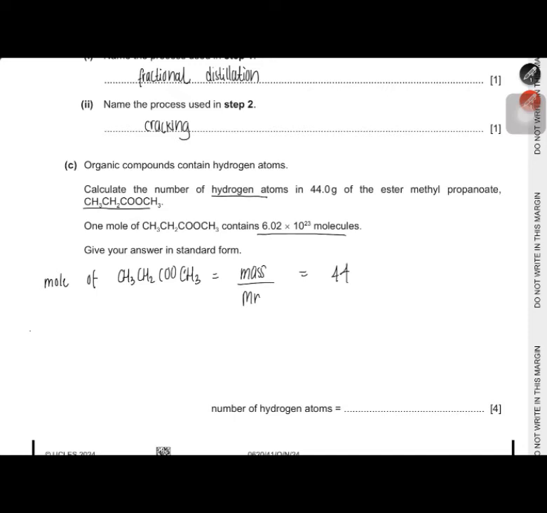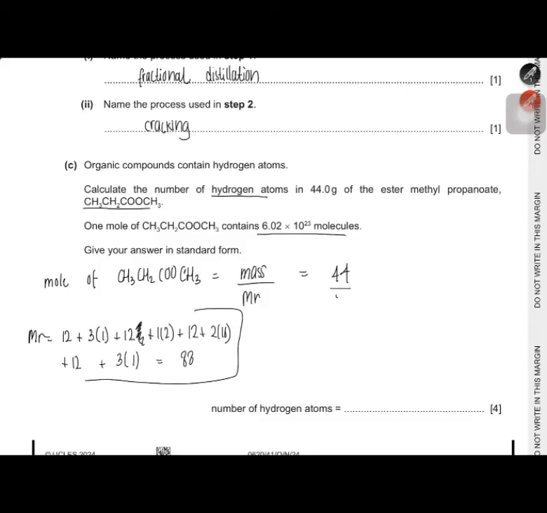We have to find the Mr. Mr is 12 plus 3 into 1, plus 12, plus 1 into 2, plus 12, plus 2 into 16, plus 12, plus 3 into 1, and we get 88. So 44 divided by 88, this is going to be 0.5.